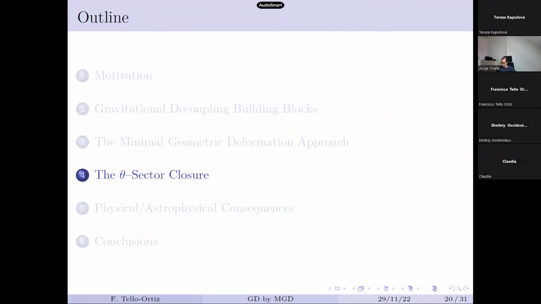Then, how to close the theta sector? This is our task. We need to solve the theta sector, okay, under physical and mathematical grounds, to find out new solutions or to extend, for example, in this case, perfect fluid matter distribution to an anisotropic domain.